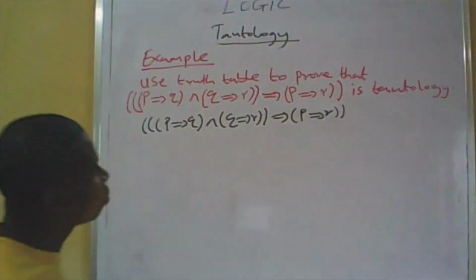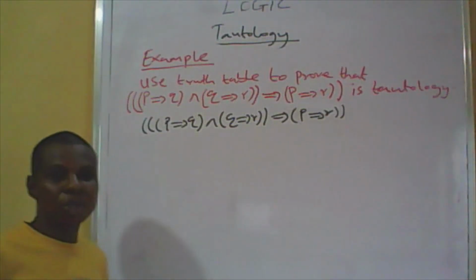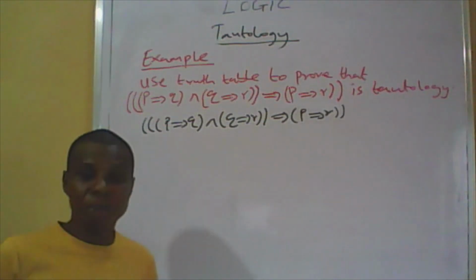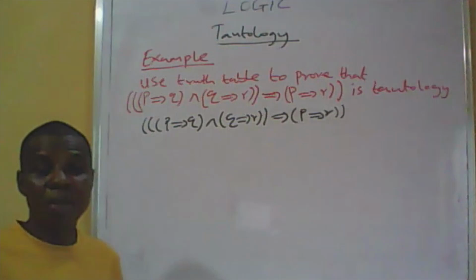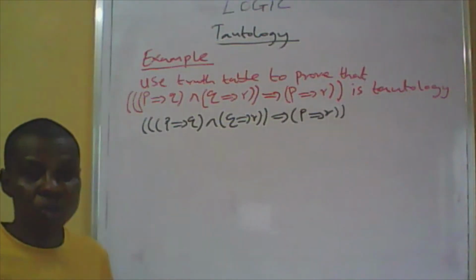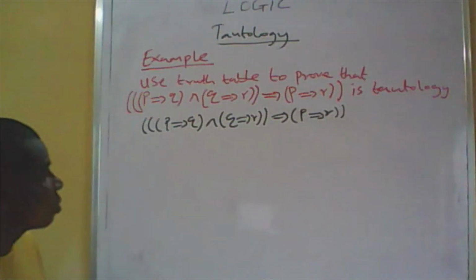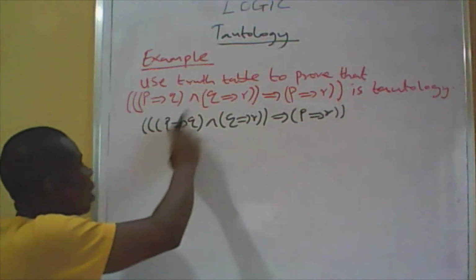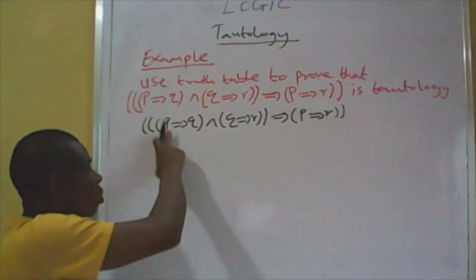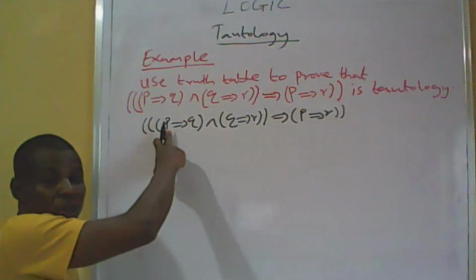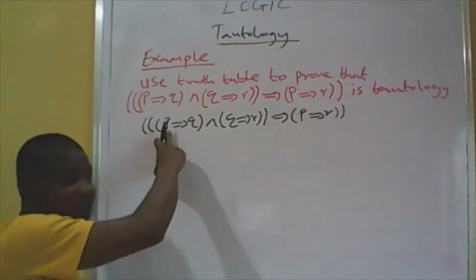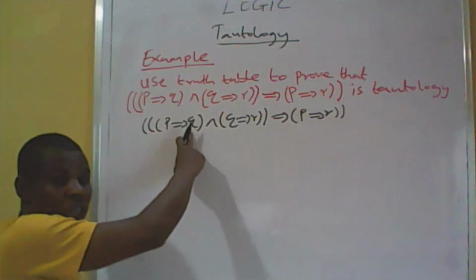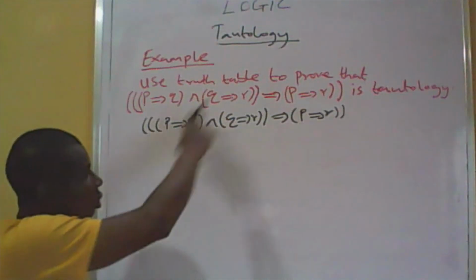Then let us use our abbreviated truth table. You know that we have P implies Q. That means P is a simple statement, number one. Q is also a simple statement, number two.